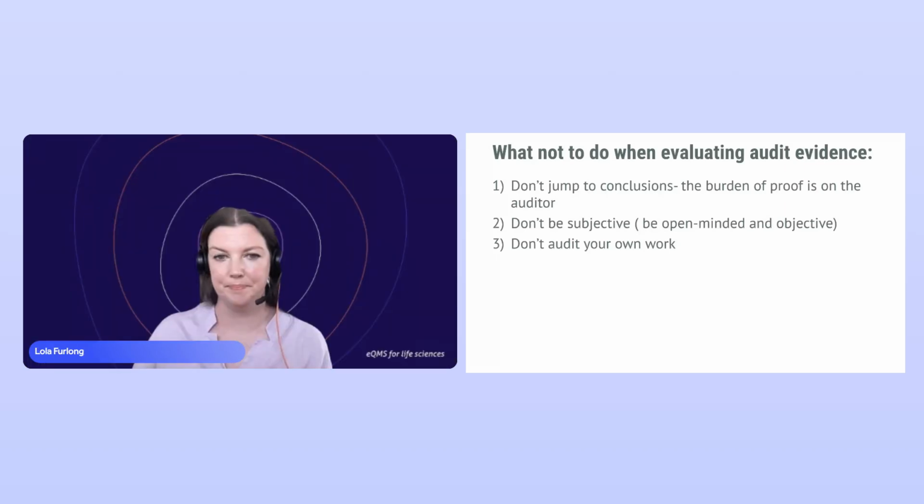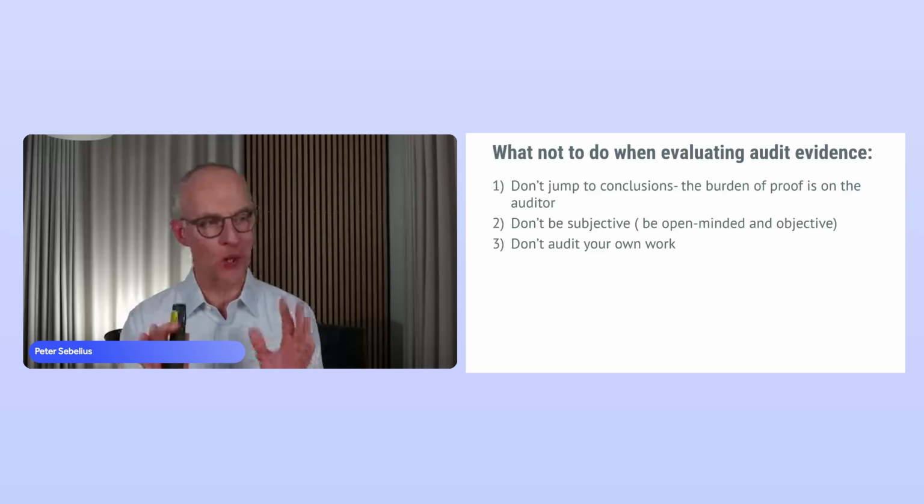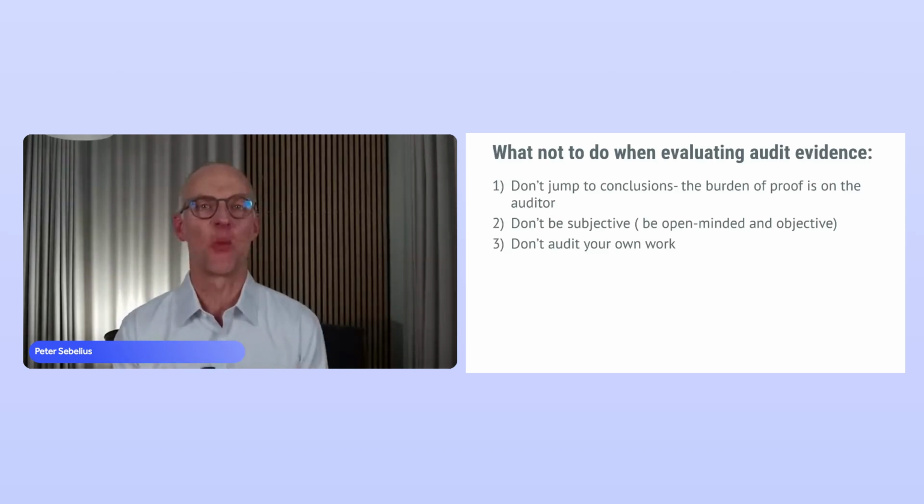That's a great suggestion. So I'm going to illustrate the first two don'ts here on my bullet point list with examples. There is a requirement to have a documented procedure for design and development in ISO 13485. The auditor asks for the design and development procedure, and the auditee responds, we don't have a procedure with that name.